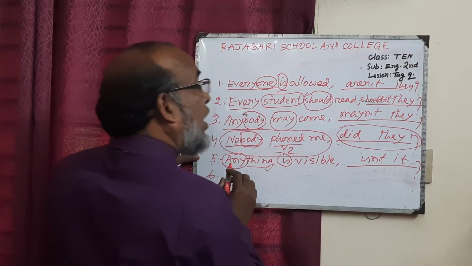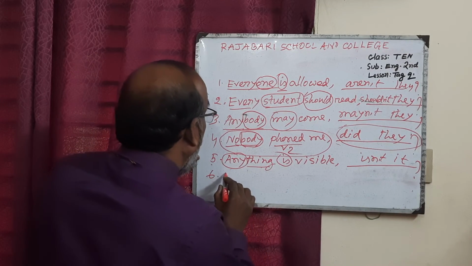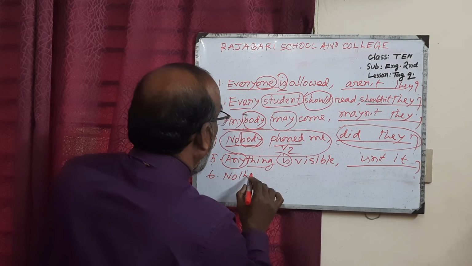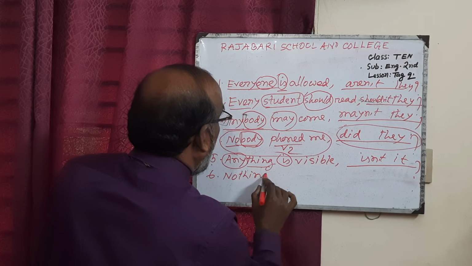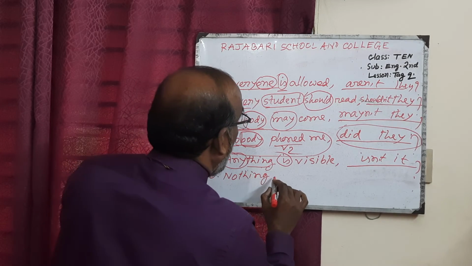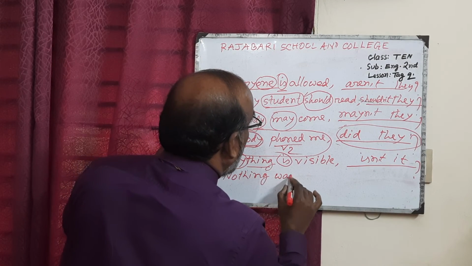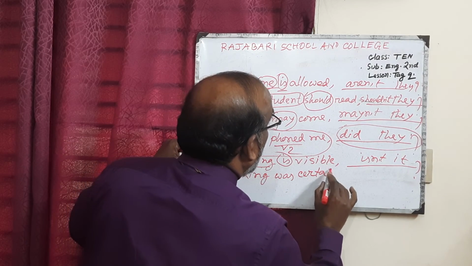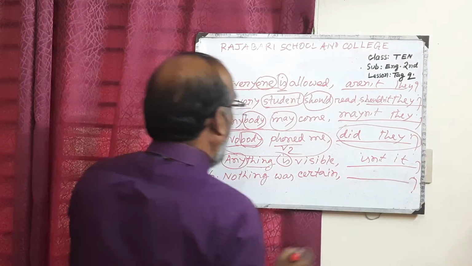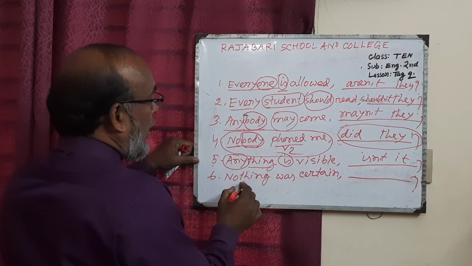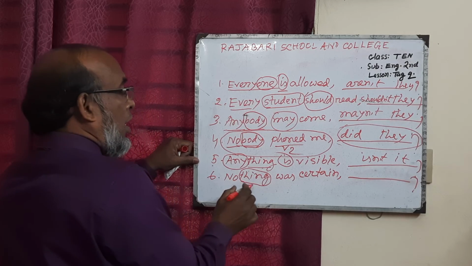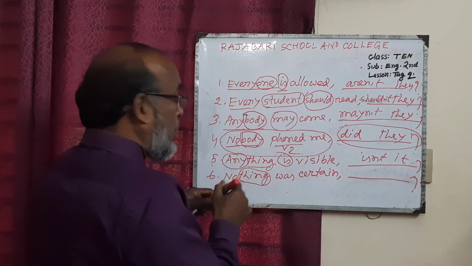And I am giving another example. Nothing was certain. Here you can see things after no. It indicates imperson.